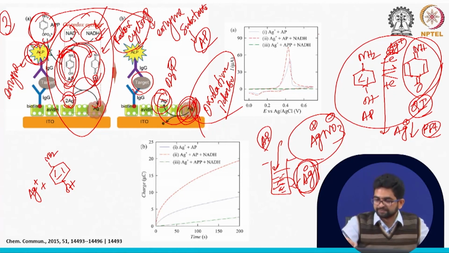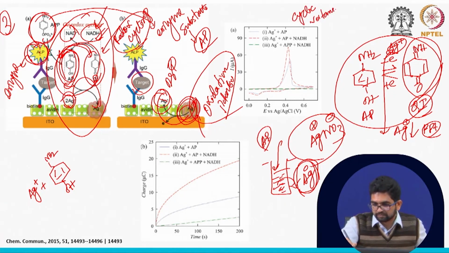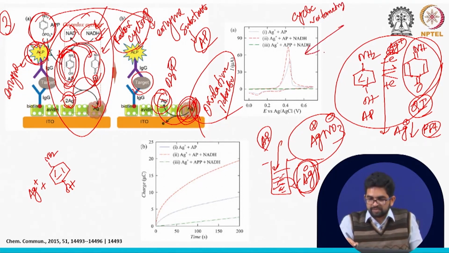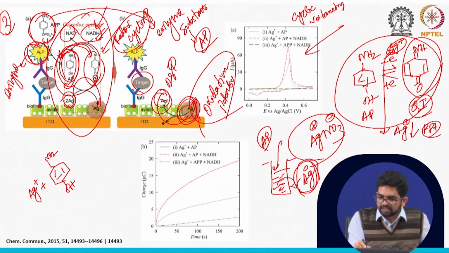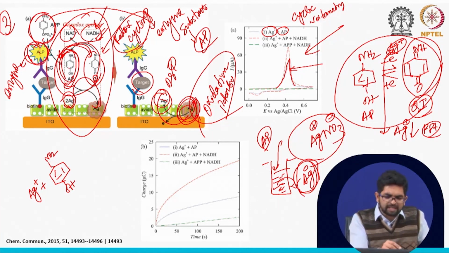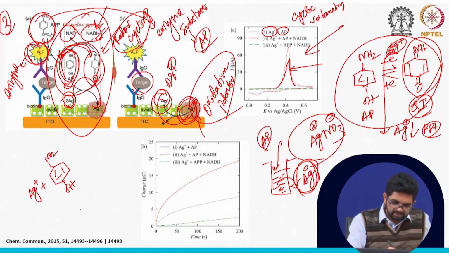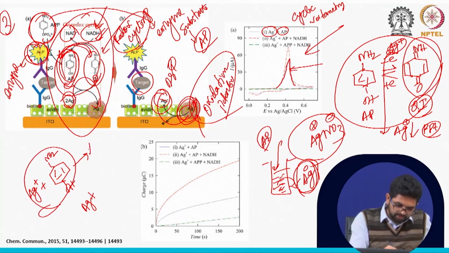So, if you see the cyclic voltammetry, silver plus and aminophenol, this dotted line, this one, you see is actually a very high current. Why? Because of these chemical reactions, silver plus and aminophenol, and it forms silver 0 plus quinonimine.